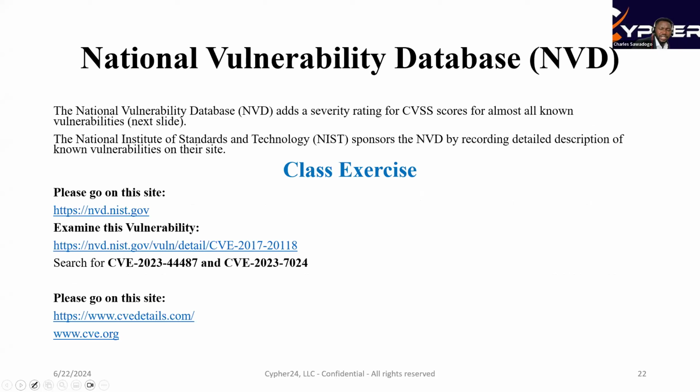So the National Vulnerability Database tries to use the CVSS score to rate the vulnerabilities and store them in a database. It is public, anybody can access and take a look. The National Institute of Standards and Technology, NIST, sponsors the NVD by recording detailed descriptions of known vulnerabilities on their site.